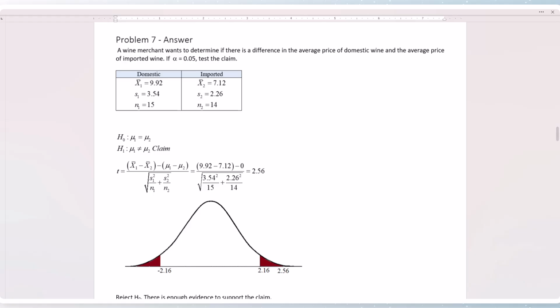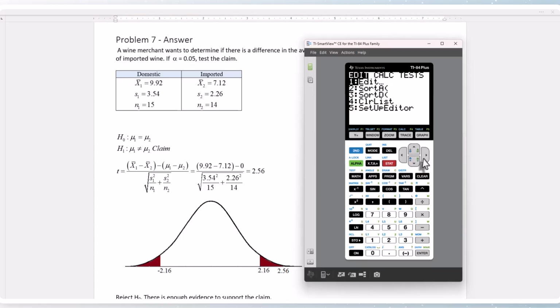We'll verify that with the calculator. Press STAT, go to test, go to option 4, 2-sample t-test. We type in our information. We have 9.92, 3.54, 15, 7.12, 2.26, 14.